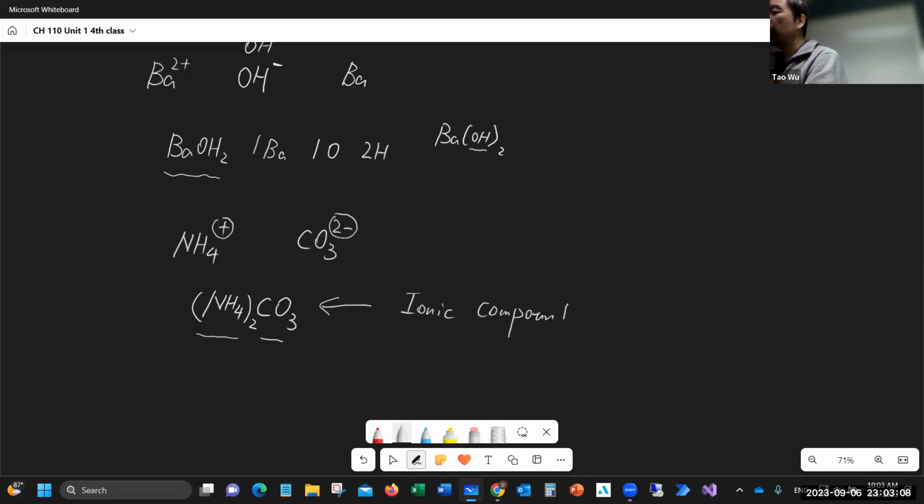So that is why we're going to extend the definition for the ionic bond. An ionic bond is not just a metal first and then a non-metal later. If the first element is a metal and the later one is a non-metal, for sure that's an ionic compound.